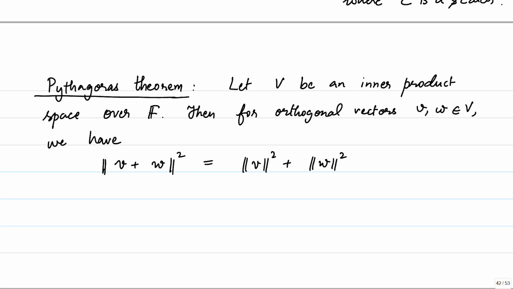So the sum of the squares of the two sides of a right triangle is equal to the square of the hypotenuse.